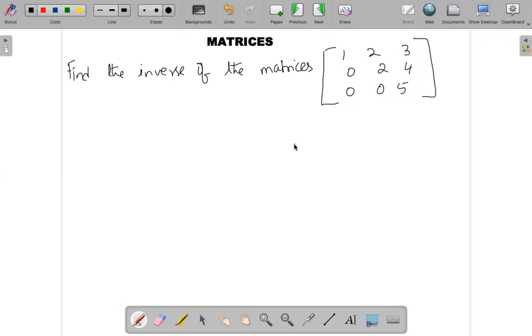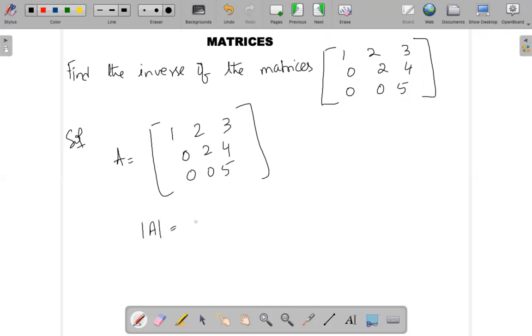So this is A. Zero, zero, 5. Now the determinant. So 1 is multiplied into 2 into 5, which is 10, right? And 0.